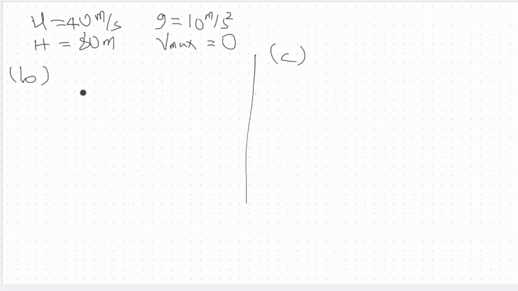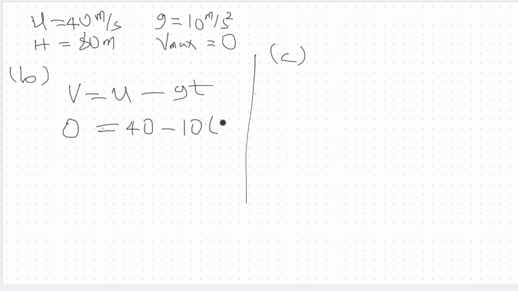So for the B part of the question, for us to find the time to reach the maximum height, we're going to use the formula V equals u minus gt. Don't forget minus because the ball is going up. V is 0. Okay. We have u as 40 minus 10. Okay. And then times t.